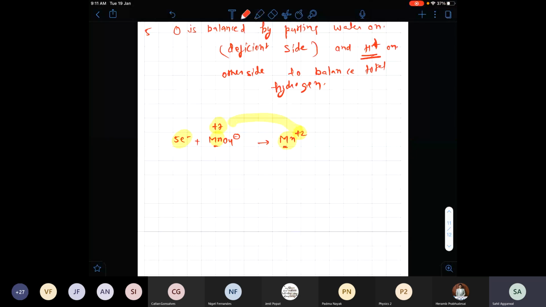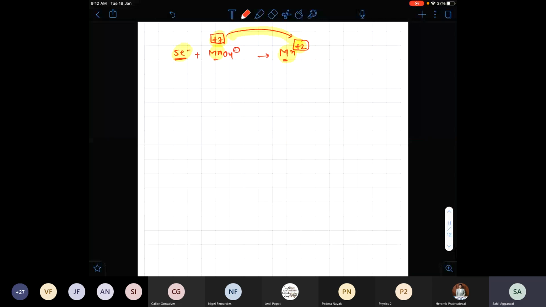Because here we have a charge of plus 7, and the difference is plus 2. So plus 7 to plus 2, 5 changes there. Add 5 electrons. Okay. How many oxygen on this side? 4.